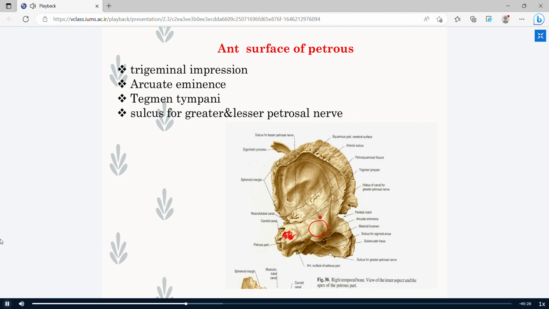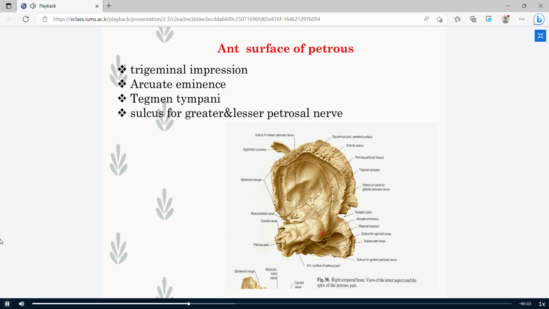And lateral to the arcuate eminence, there is a tegmen tympani. A smooth area located lateral to the arcuate eminence is called the tegmen tympani, and it forms the roof of the middle ear or tympanic cavity.